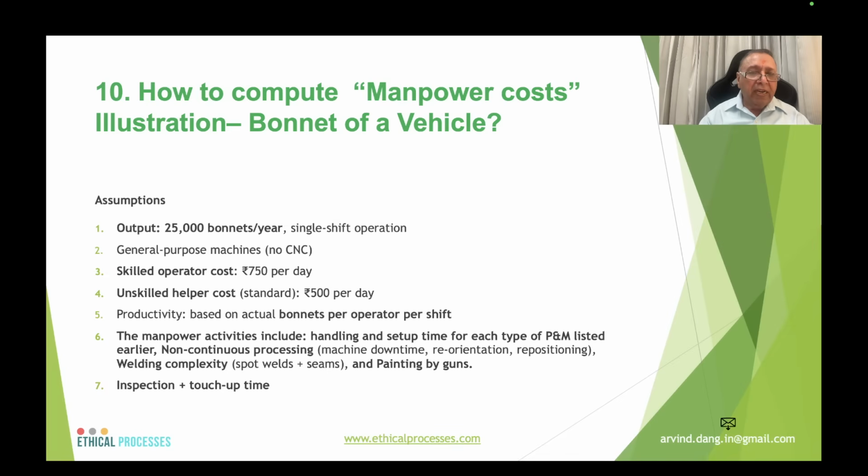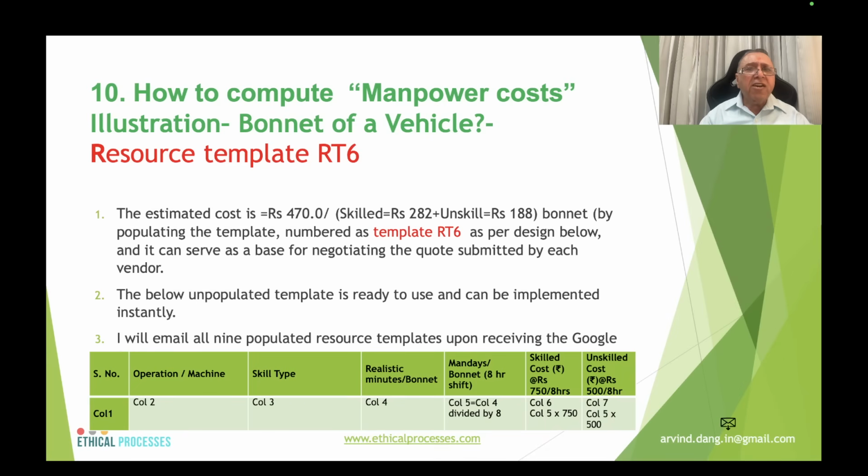The manpower activities include handling and setup time for each of the plant machines listed earlier, non-continuous process, machine downtime, reorientation, repositioning, welding complexity, etc., painting by the guns, and inspection and touch-up time. The estimated manpower cost per bonnet is worked out to be rupees 470, of which skilled cost is rupees 282 and unskilled is 188 per bonnet.